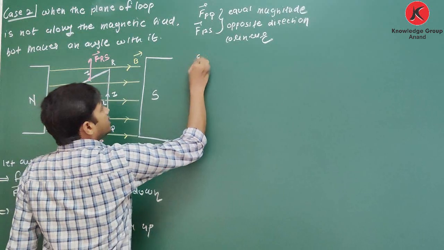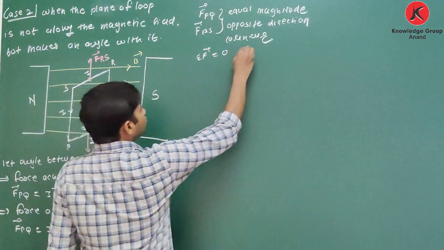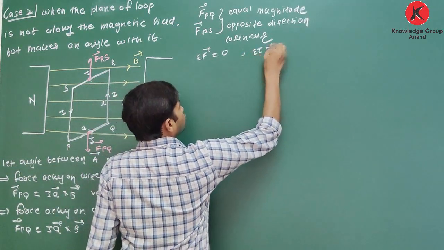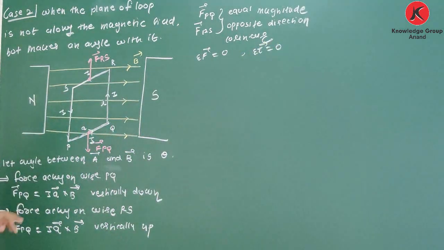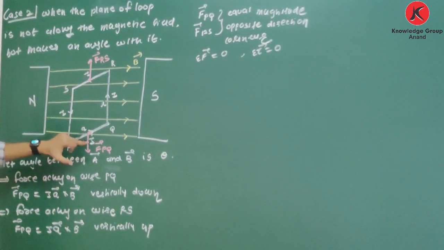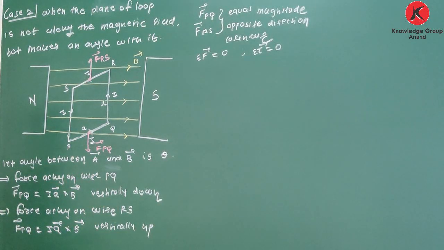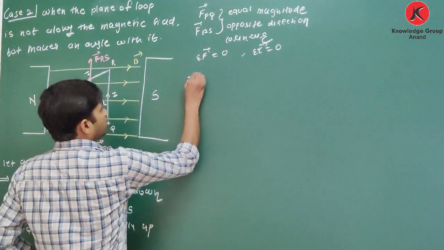So their resultant sigma F is equal to 0. And yes, due to them, sigma tau is also 0. So due to these two wires, resultant force is 0 and torque is not produced. Now, remaining two wires.